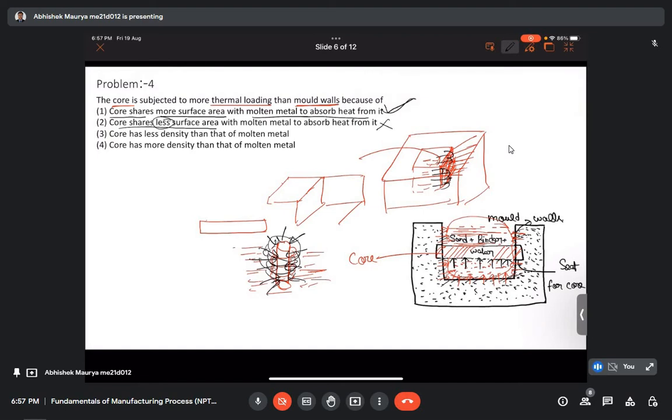When the whole core material is inside the molten metal, usually what happens, core has less density. It has less density than molten metal.